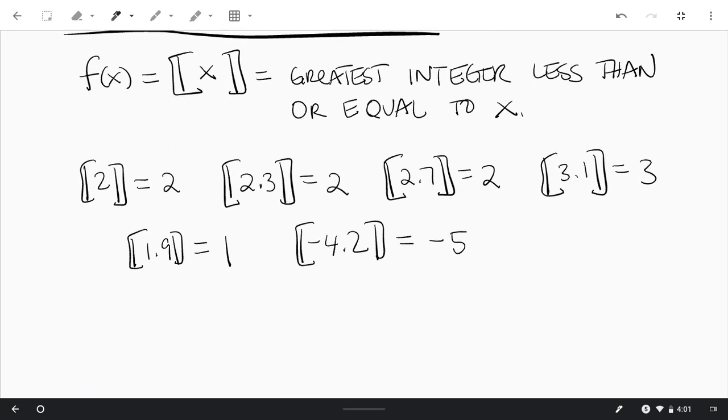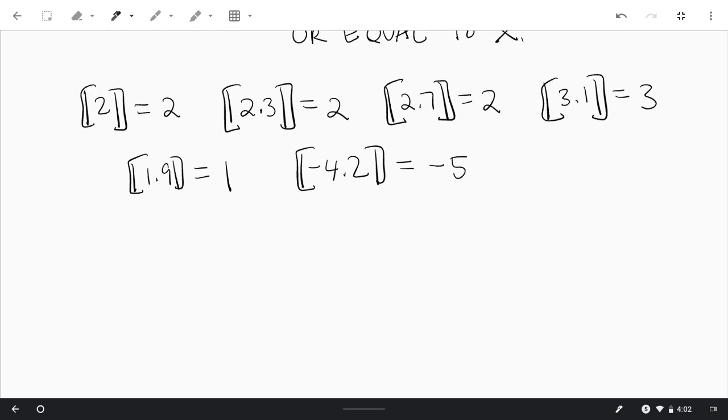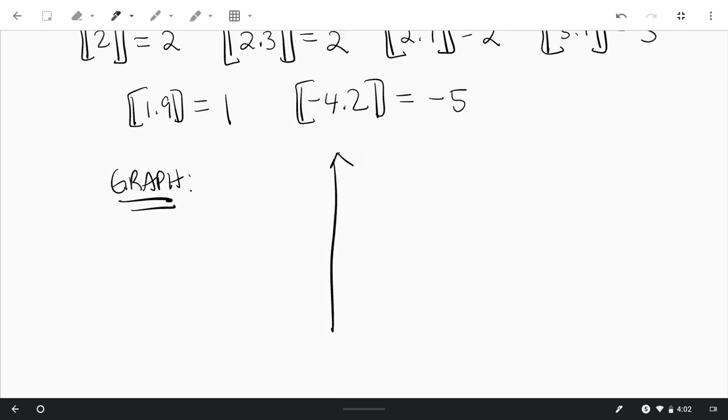All right. And the way this graph looks, it looks like this. For all the x values between 0 and 1, you're going to be at 0, 0.1, 0.2, and then you stop right there, open circle.